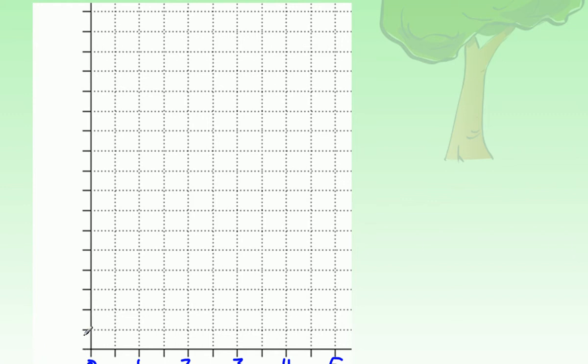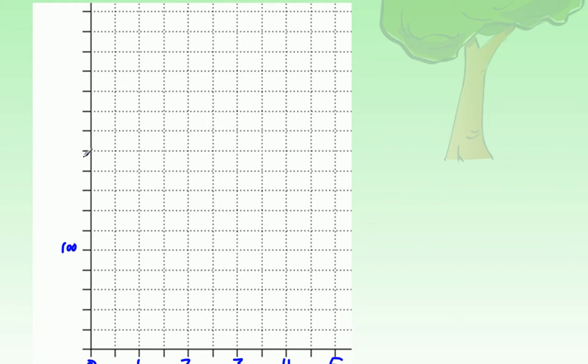Let's see. Well, counting by 1s and 2s and 5s is probably not so good. 10s, maybe, I don't know. 0, 10, 20, 30, 40, 50, 60, 70, 80, 90, 100. If this is 100, 230 is going to be too big. So 10s is no good. Maybe 20s? 20, 40, 60, 80, 100.